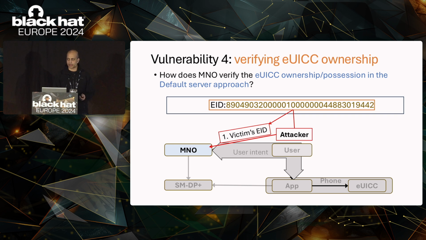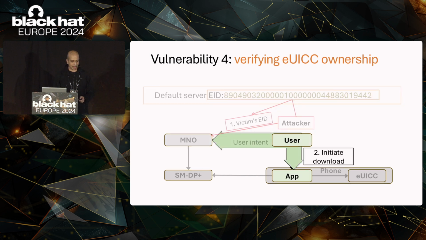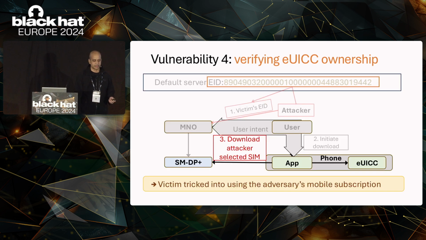The attacker can order a profile against this identifier. And when I, as a valid user, go to the MNO shop and order a profile against this device, what will happen is that I will get the first one, the one the attacker ordered, installed in my phone.